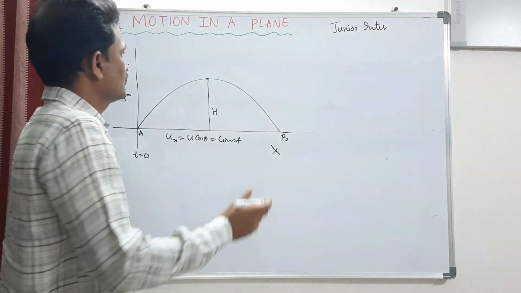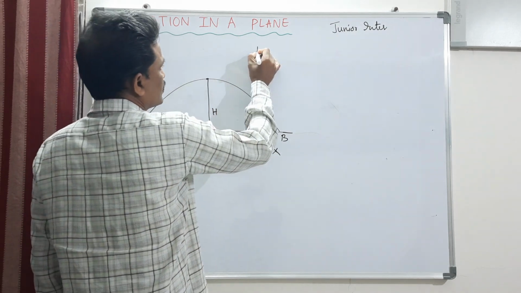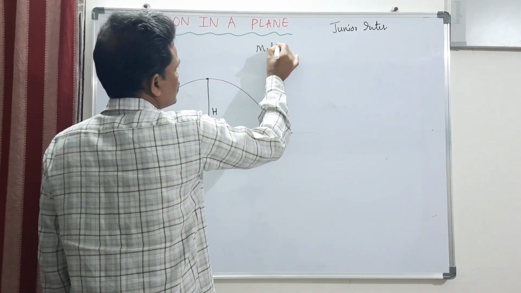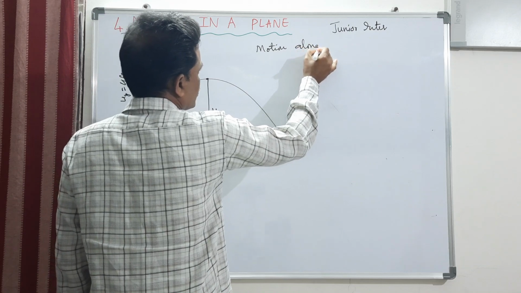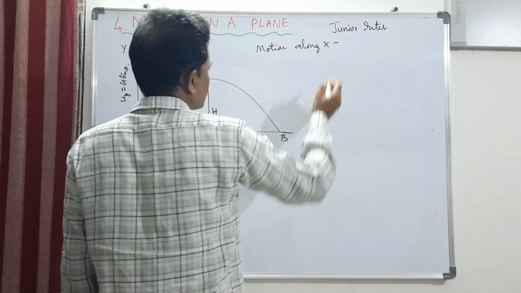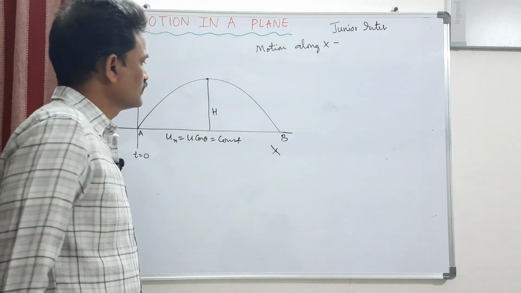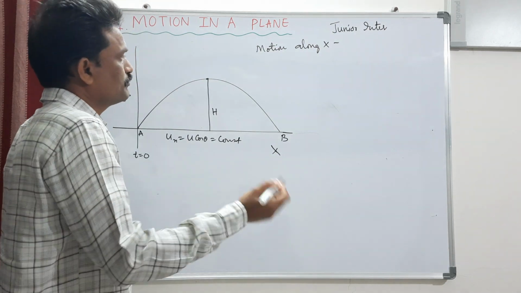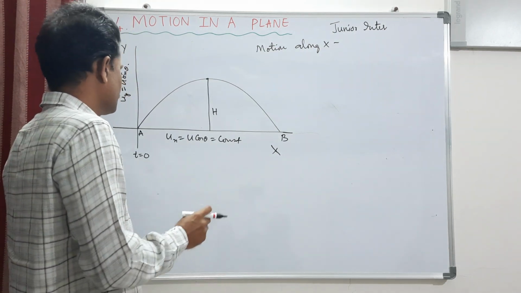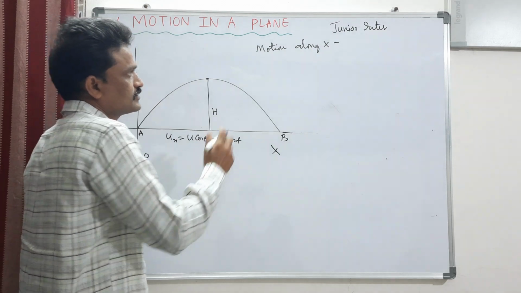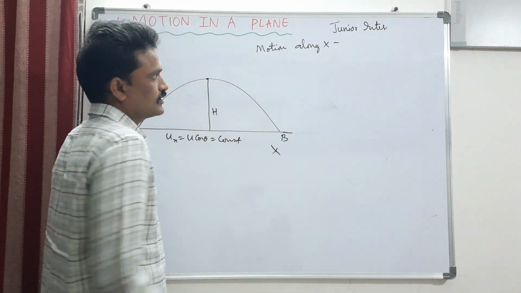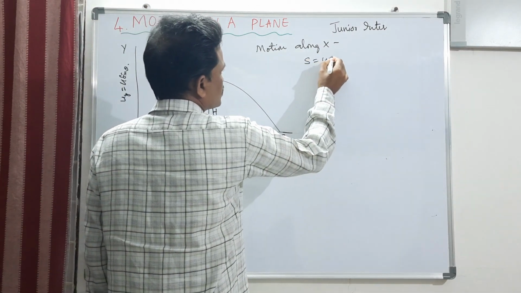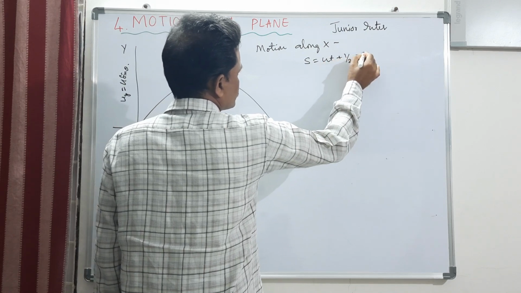Now we'll consider motion along the x-axis. Along the x-axis there is no force or no acceleration. So at some point of time, let us say the displacement along the x-axis is x. So I use the formula s is equal to ut plus half at square.